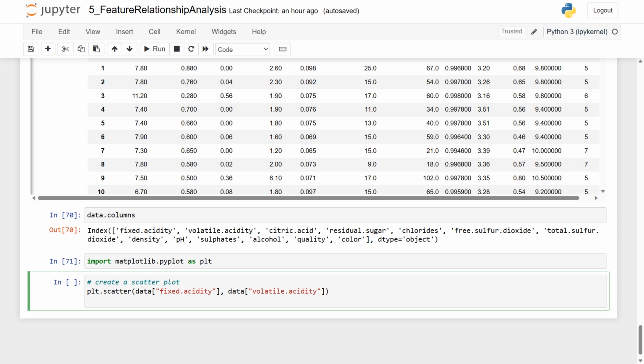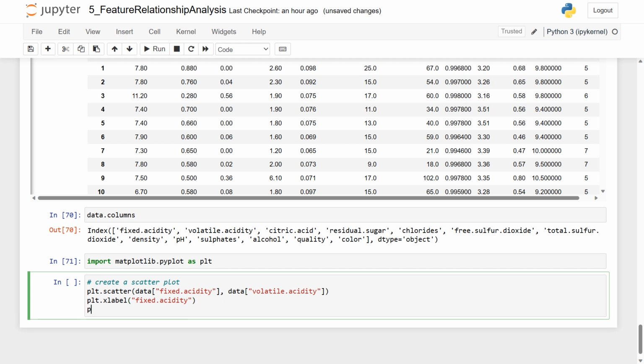Okay, so I have to label also. So let me label this: plt.xlabel, fixed acidity. Similarly, plt.ylabel, and let me copy this volatile acidity and paste it here.